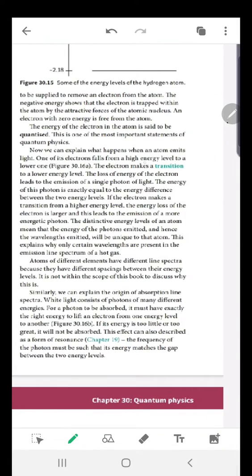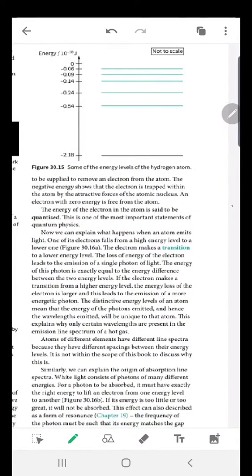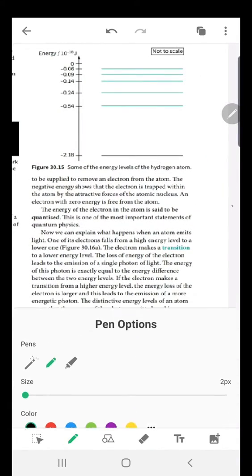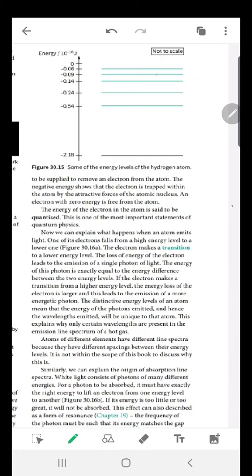Now we can explain what happens when an atom emits light. Right now, I just explained to you guys how it is actually going to happen. The electron makes a transition to a lower energy level, right? It absorbs the photon, let's say, and from the lower energy level, it is going to get to a higher energy level. Okay, the loss of energy of the electron leads to the emission of a single photon of light.